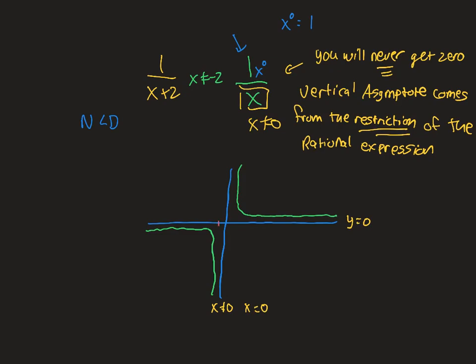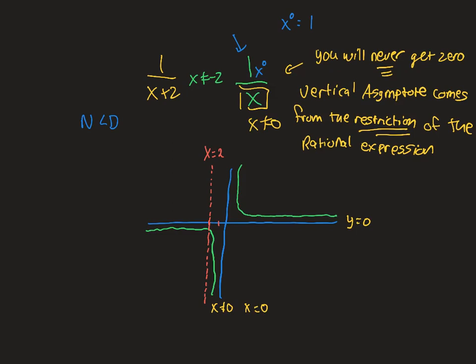So let me go 1, 2. This means that I'm going to use different colors here. So this is my vertical asymptote at x is equal to negative 2. This means I cannot touch negative 2. Can't touch it at all. I also can't touch 0 for y. So how's this graph going to look?